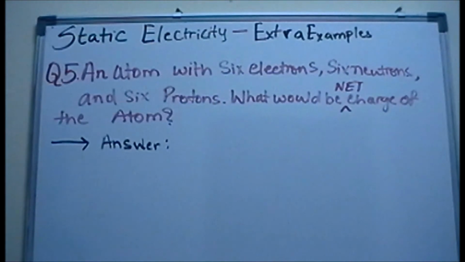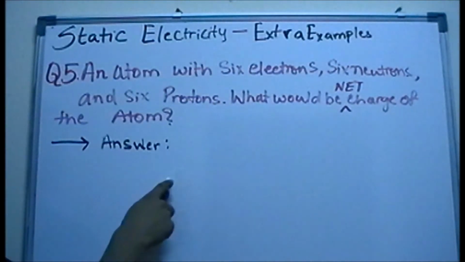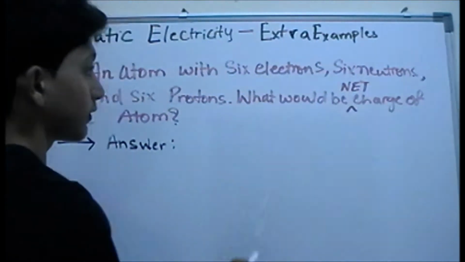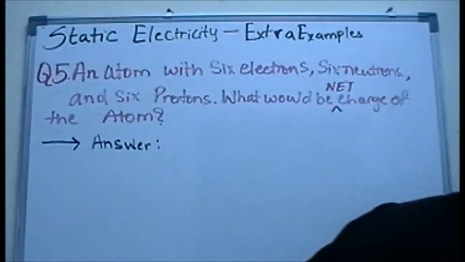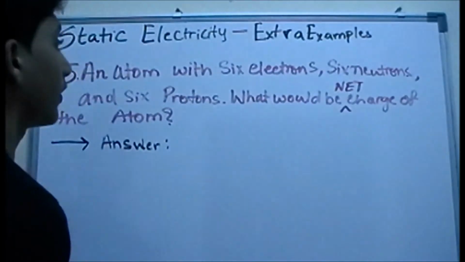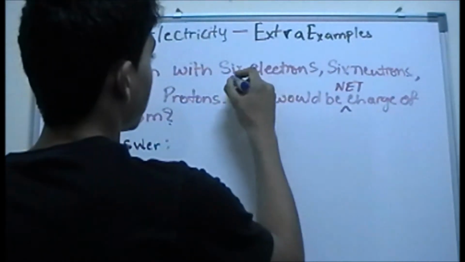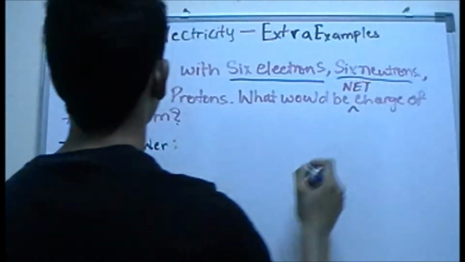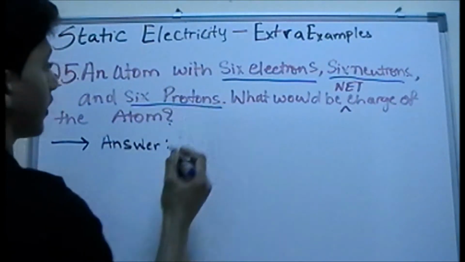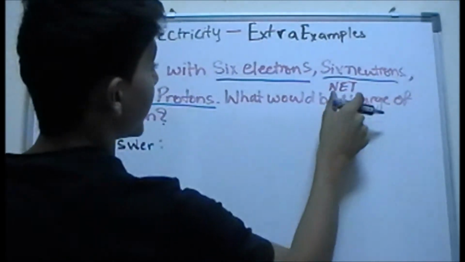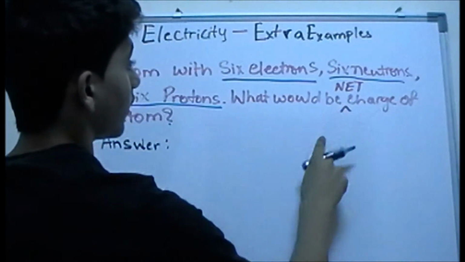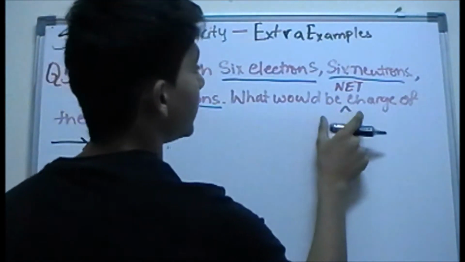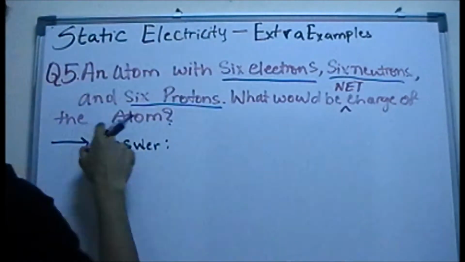Now we have our fifth question up on the whiteboard, and it says an atom with 6 electrons. I need you to focus on this, so let me grab a marker to highlight something. You have 6 electrons, 6 neutrons, and 6 protons. What would be the net charge of the atom?